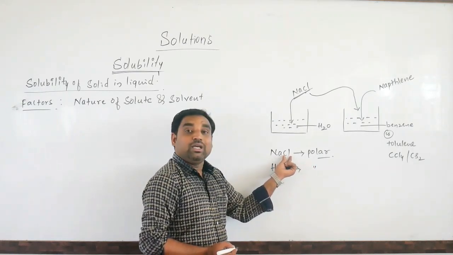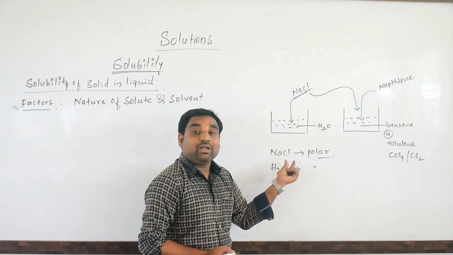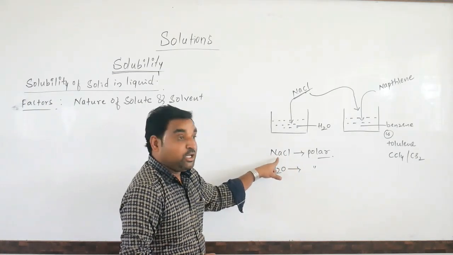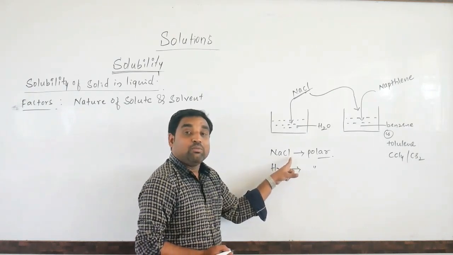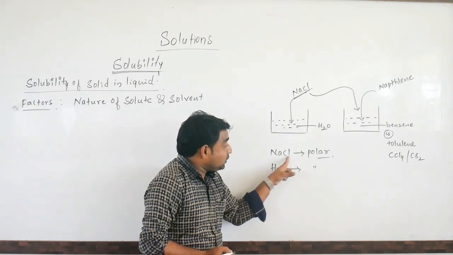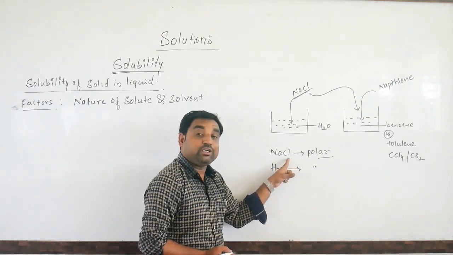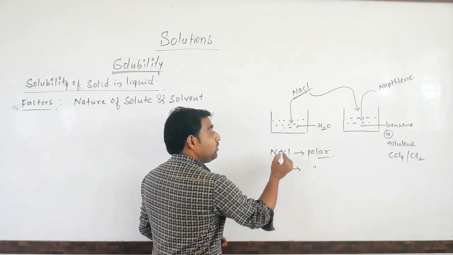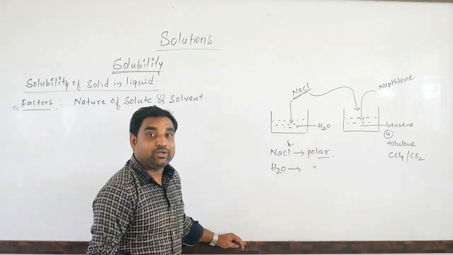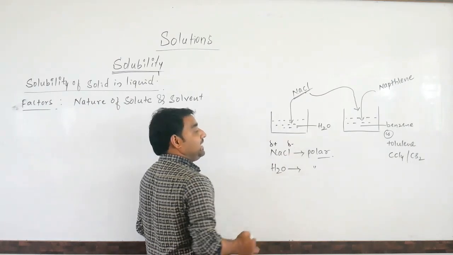Here chlorine is one atom, and sodium is the other. Chlorine has a high electronegativity and sodium has a low electronegativity. Because of the higher electronegativity, the shared pair of electrons is attracted towards the chlorine, so around the chlorine a negative charge is created, which we call delta negative. Compared to this, sodium is less, that is delta positive.